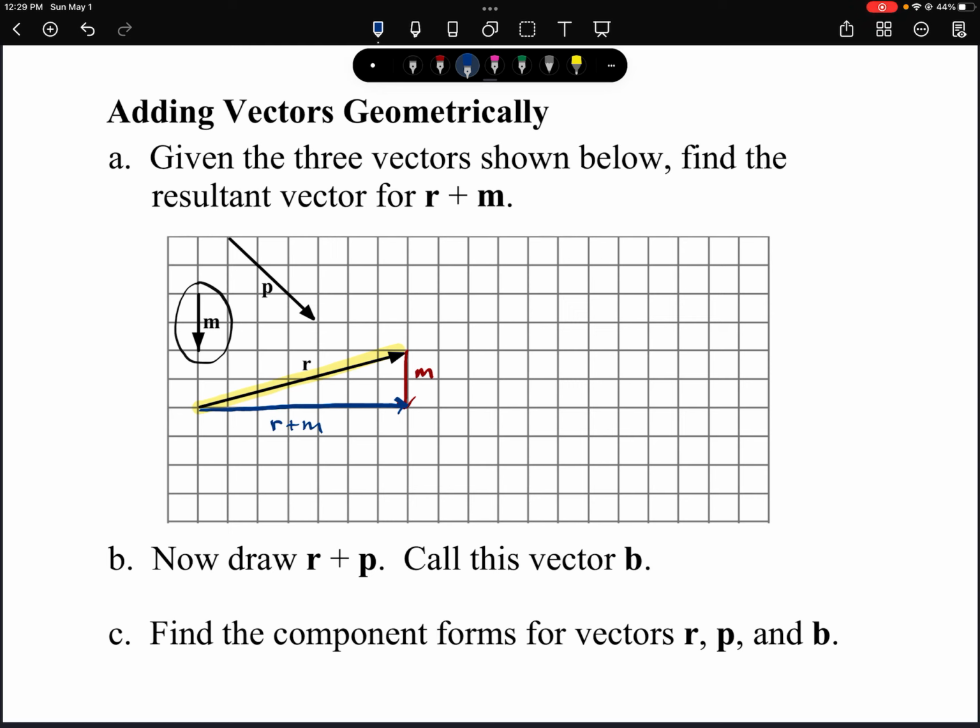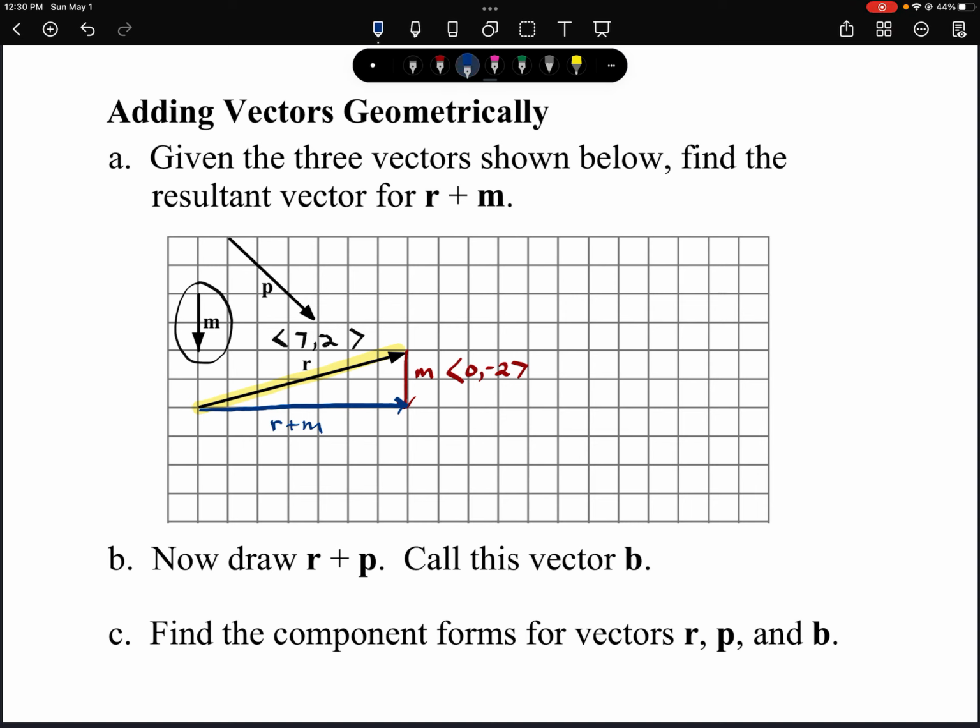So if we compare these, our initial vector r, we need the little pointy brackets there, had a horizontal component of 7 and a vertical component of 2. For m, we had a 0 for our horizontal component, and then it looks like -2.